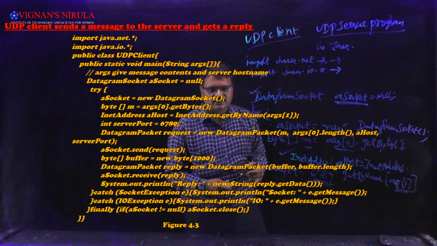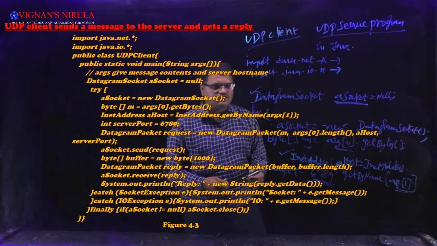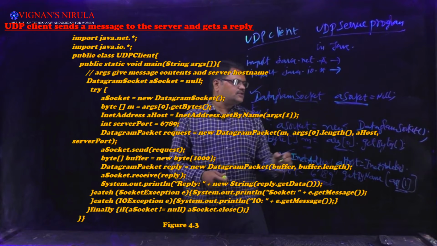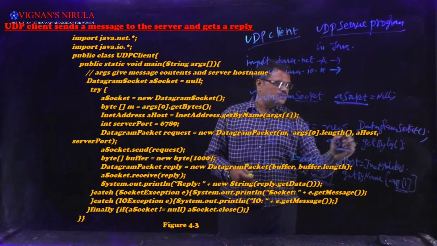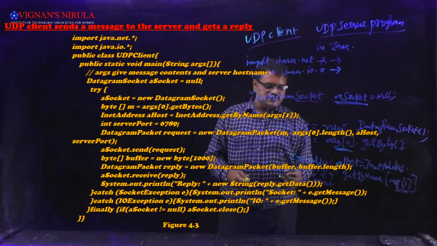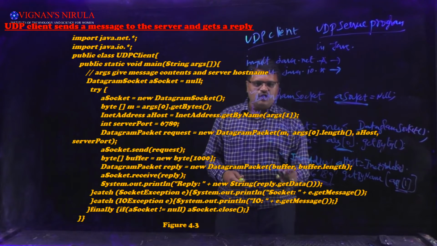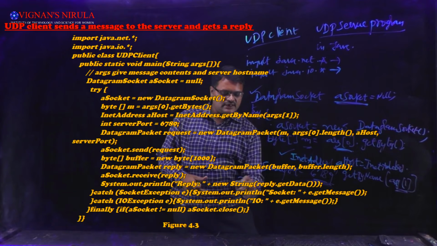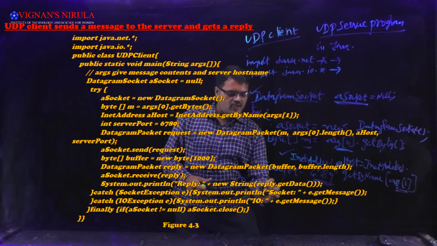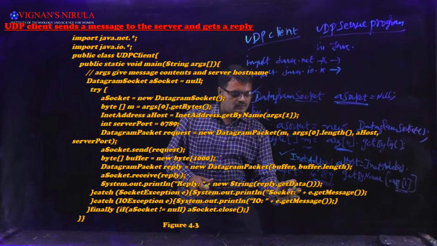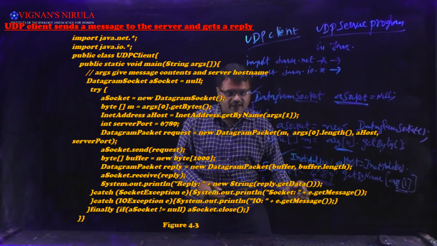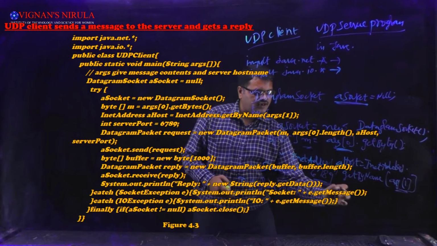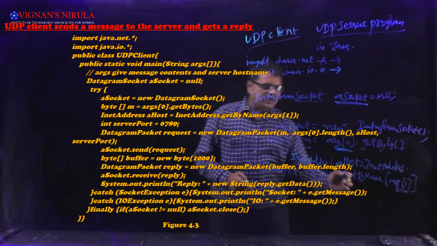DatagramPacket. So DatagramPacket request equal to, so the DatagramSocket is created, and now whatever information we want to pass, that is a packet, so that is being sent here. So DatagramPacket request equal to new DatagramPacket.